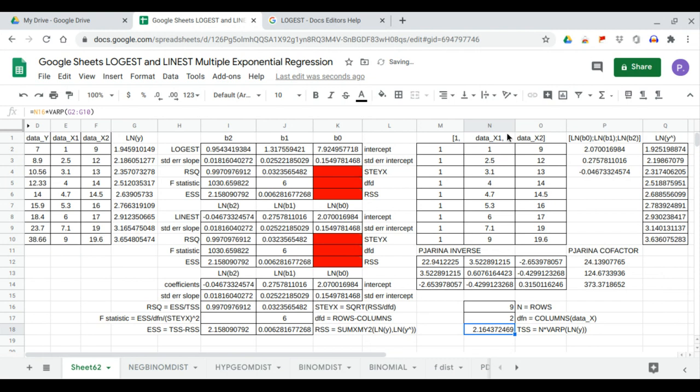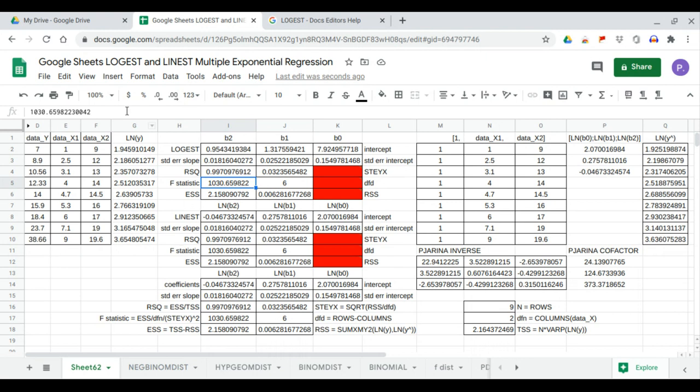And that's 2, because there are two independent variables, x1 and x2. So we can calculate the F statistics. F statistics is regression sum of squares divided by degrees of freedom of the numerator, divided by STAY-X to the power 2. 1030.65 matches our LINEST and LOGEST output.